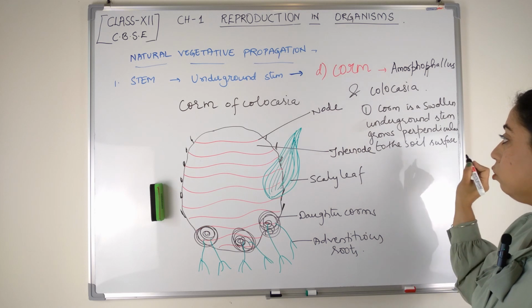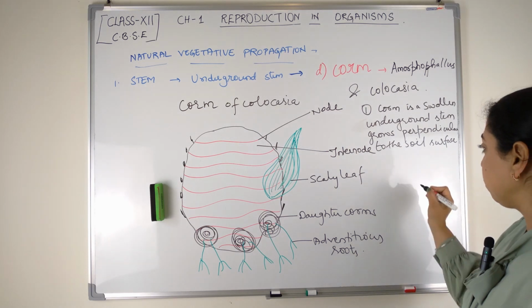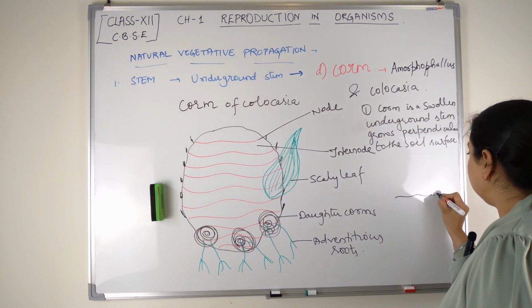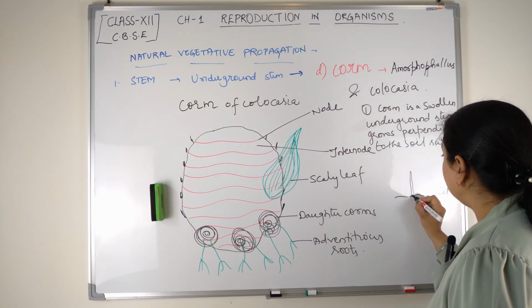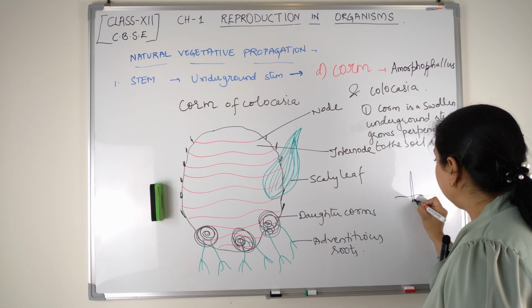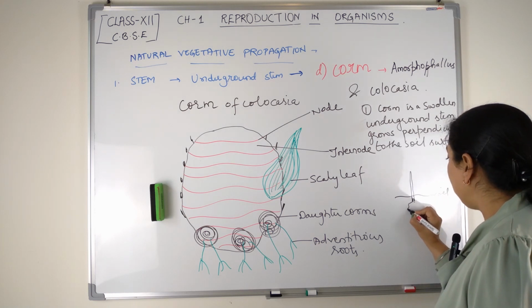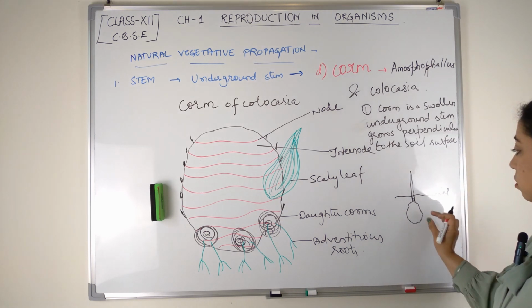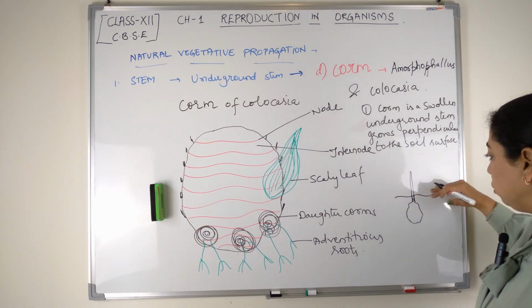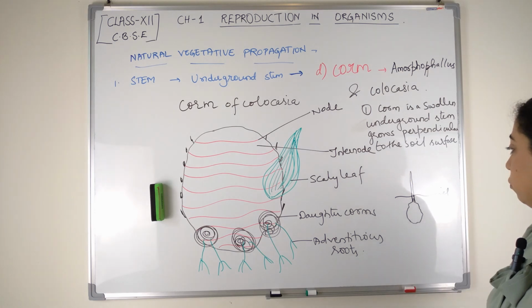Perpendicular to the soil surface means if this is a soil and this is a plant, then from the underground stem this corm grows or develops like this. It is placed perpendicular to the soil surface.